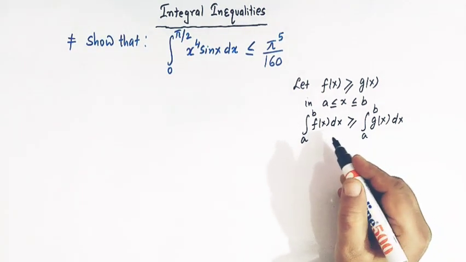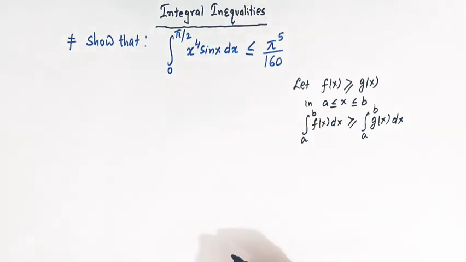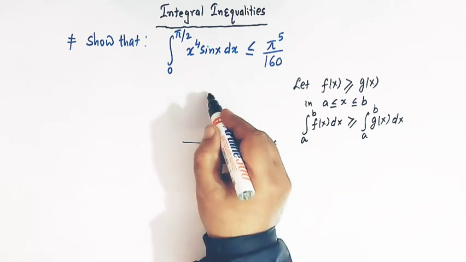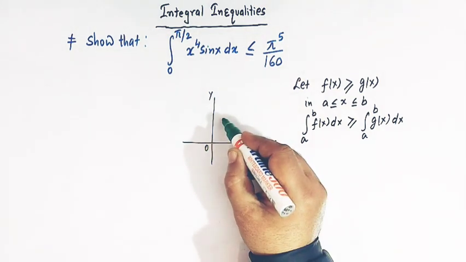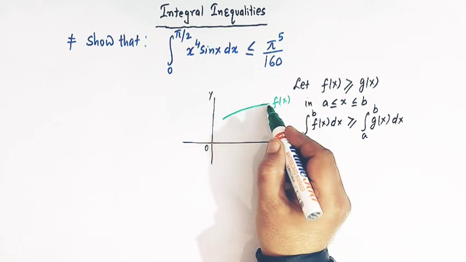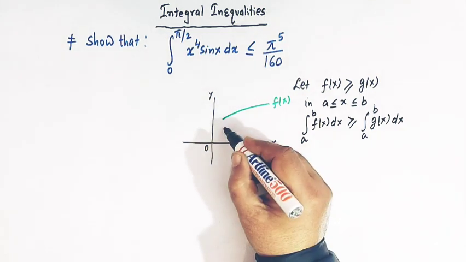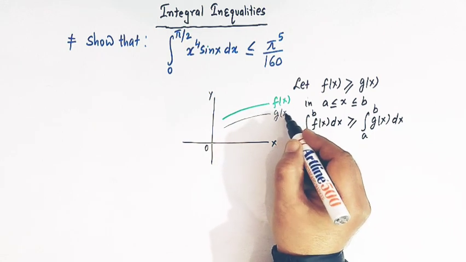So let us quickly interpret this condition geometrically. Suppose we have the x-axis and y-axis, and this is the curve given by the function f of x, and suppose this is the curve of the function g of x.